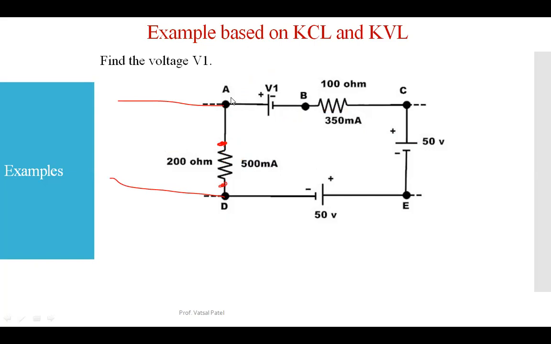If I apply Ohm's law here, the voltage across the 200 ohm resistance is equal to I into R. What is I? It is 500 milliampere. So it is 500 into 10 raised to minus 3 multiplied by 200. I will show you the parallel combination also, don't worry.